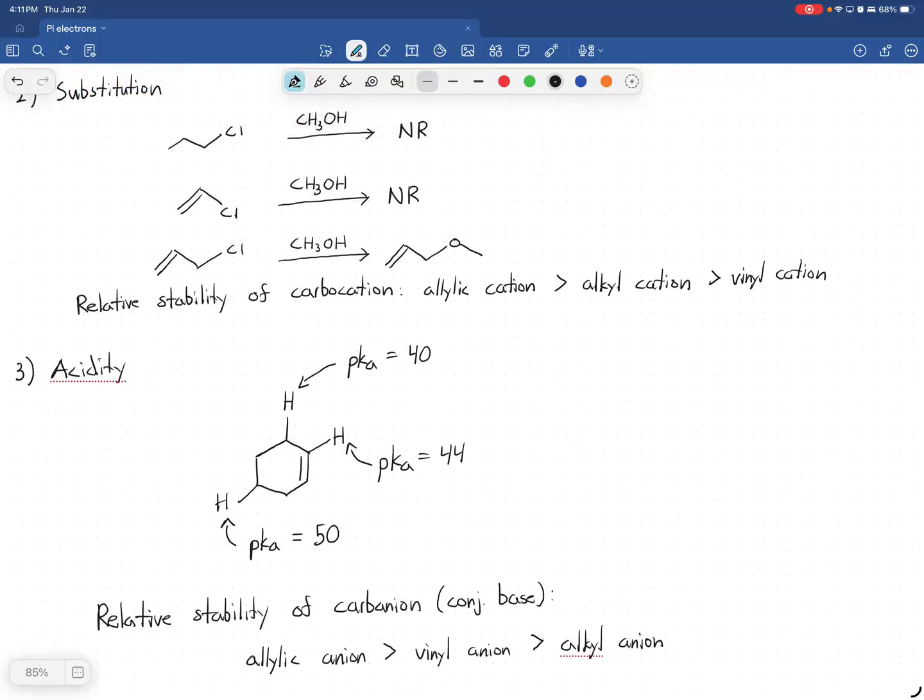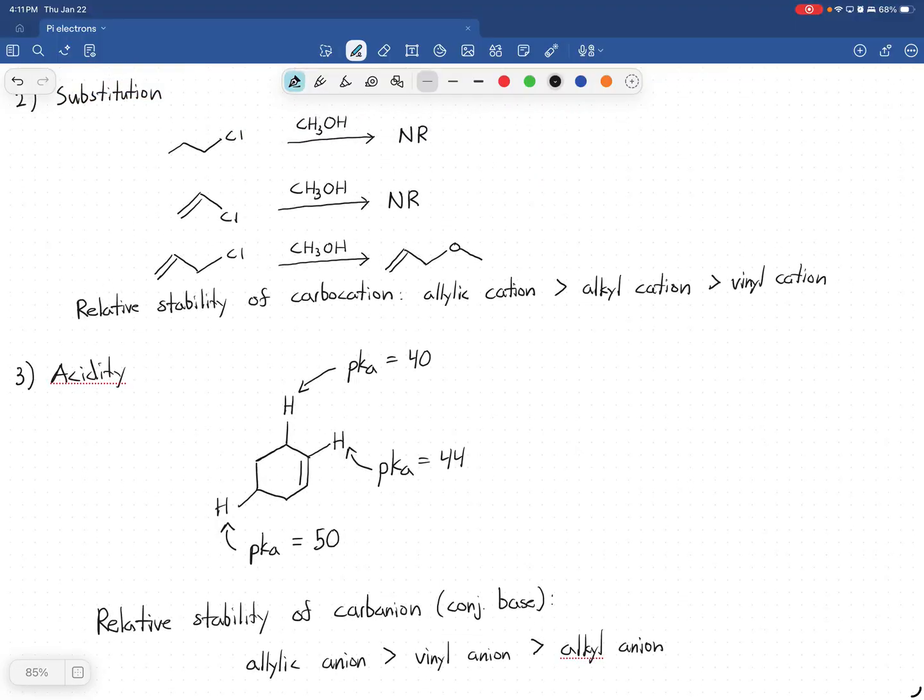But then we see the trend in carbocations. The vinyl cation is the least stable. Well, if you have an empty orbital and it's closer to the nucleus, the positive charge is going to feel the nuclear charge, right? And what's the sign of the charge in the nucleus? Is it negative or is it positive?